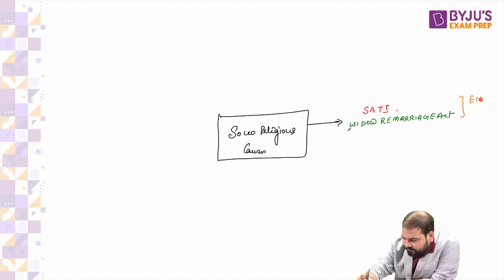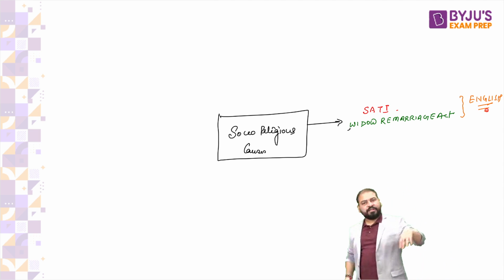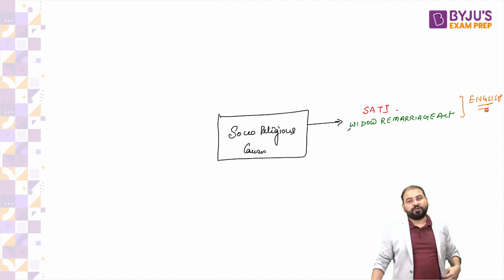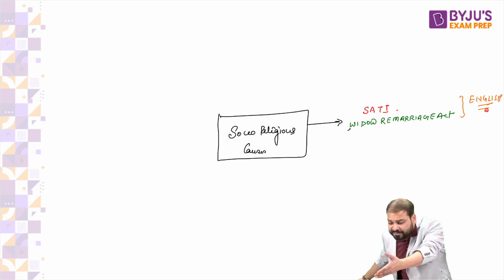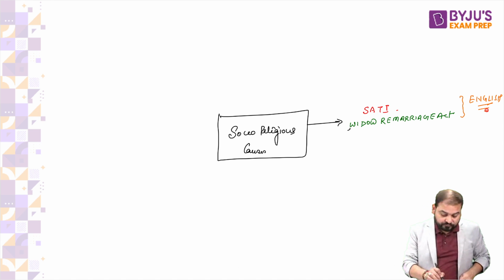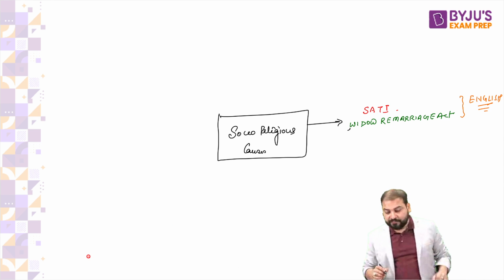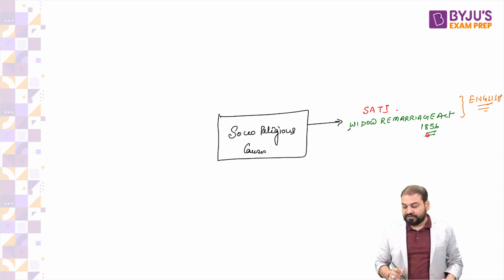Can I say that the English did it? Sati, Raja Ram Mohan Roy did, Widow Remarriage Act, Ishwar Chandra Vidyasagar, but ultimately it is the Britishers who passed it. Widow Remarriage Act 1856.